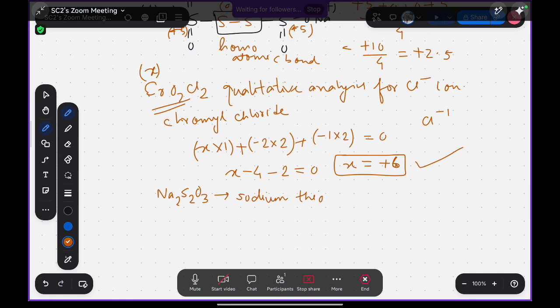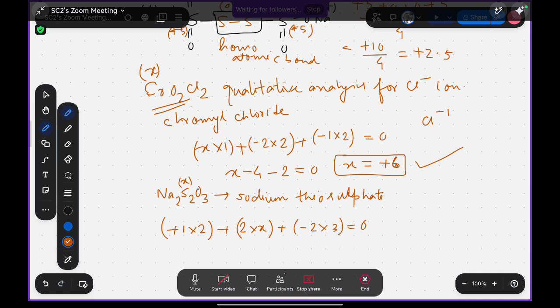You are asked to calculate the oxidation state of sulfur in sodium thiosulfate. Let's consider sulfur as x. So +1 into 2, since the oxidation state possible for sodium is +1, plus 2 into x. Let's take oxygen as -2 first, -2 into 3, is equal to 0.